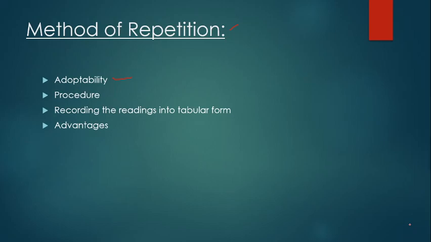Then errors of manipulation are minimized by changing the swing, using the right swing for half the observations and the left swing for the other half. So a number of advantages are there in using the repetition method.